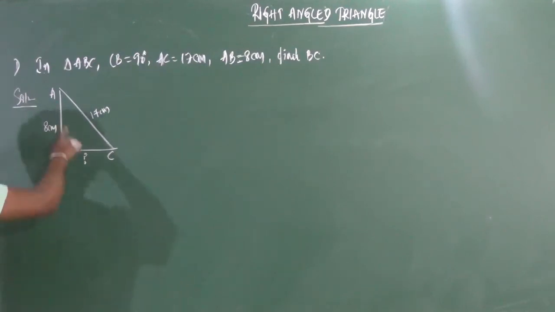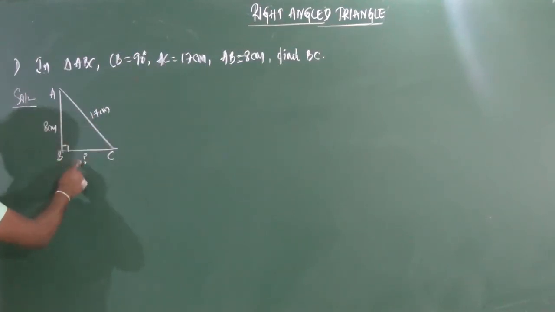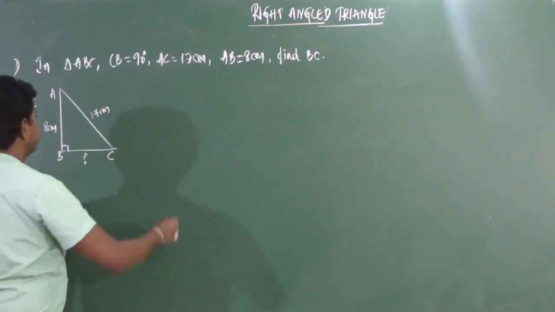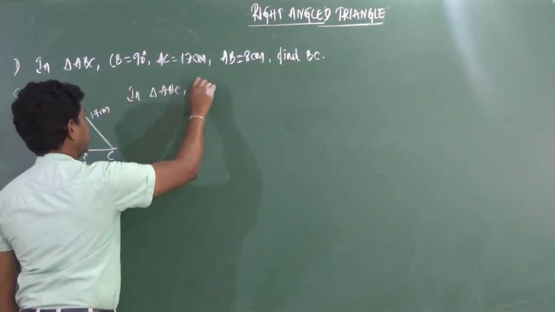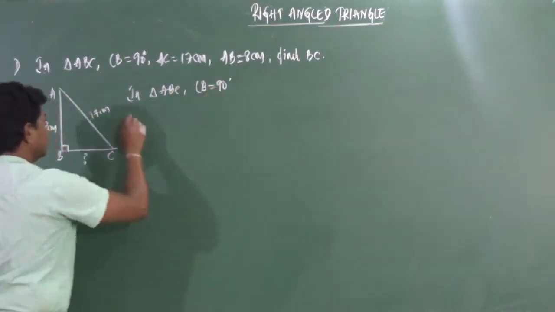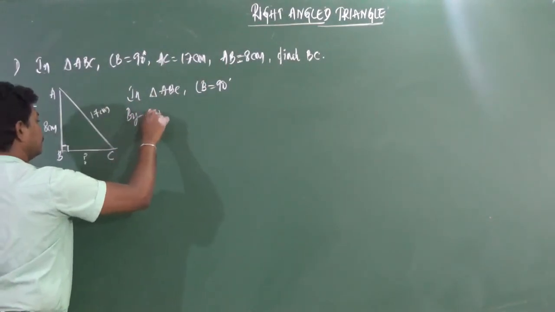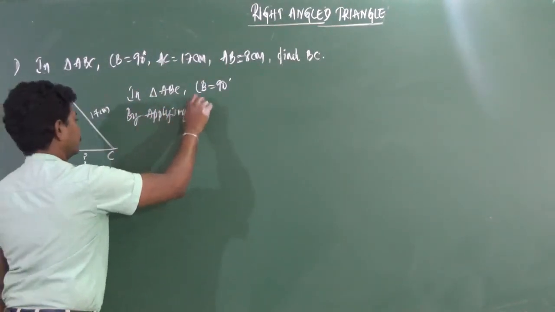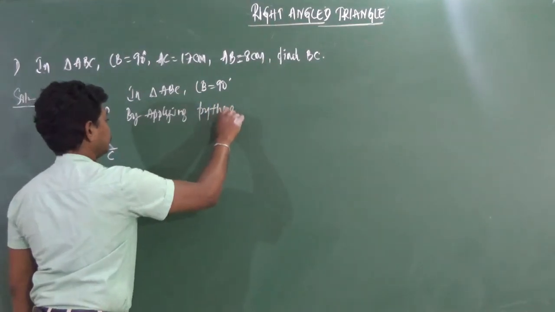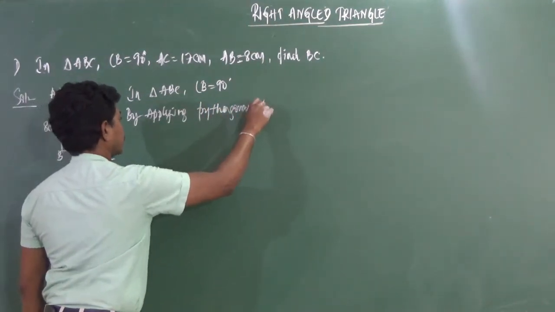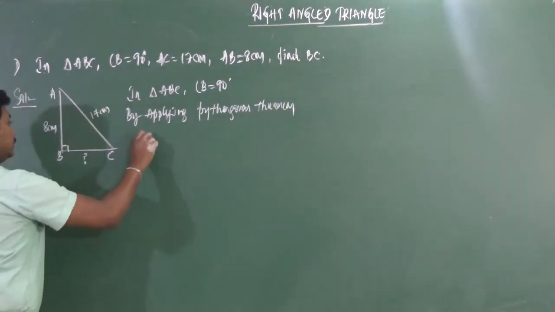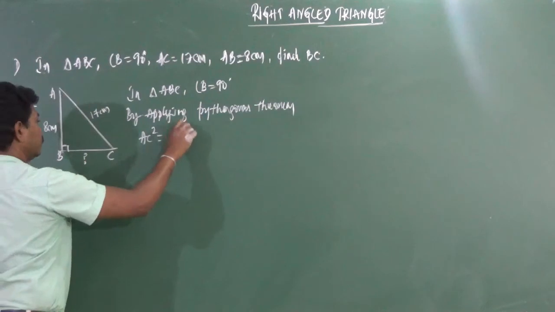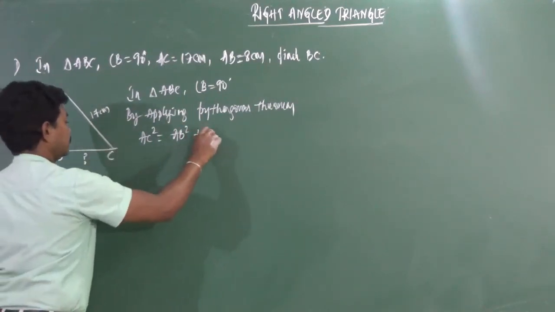Out of the three elements, two are given and one is being asked. This is the purpose of Pythagoras theorem. In triangle ABC, angle B is equal to 90 degrees, so by applying Pythagoras theorem, AC square is equal to AB square plus BC square.